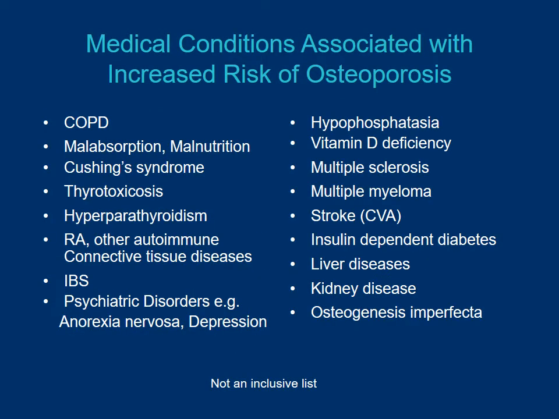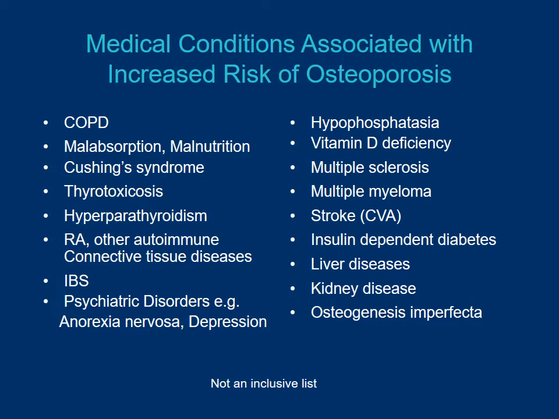Some other medical conditions associated with increased risk of osteoporosis are COPD, malabsorption, as we said before, Cushing's, hyperthyroidism, thyrotoxicosis, and hyperparathyroidism, other autoimmune diseases like rheumatoid arthritis and other connective tissue diseases, inflammatory bowel syndrome, and some psychiatric disorders like anorexia nervosa and depression.